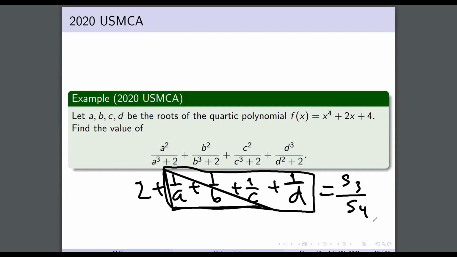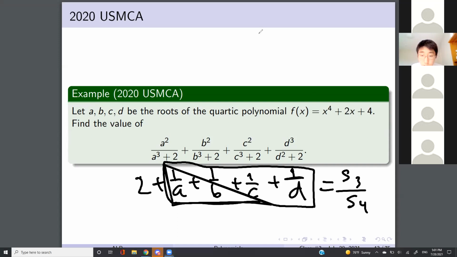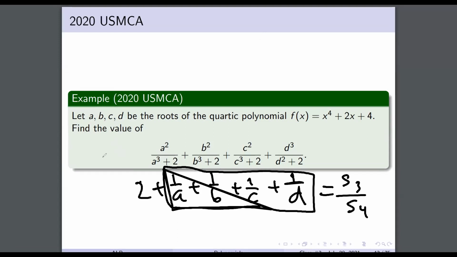Because the bottom will be ABCD, which is the symmetric sum of 4. And the top will just be various lists that consist of 3 of these. So it would be s of 3 over s of 4. And basically, if we plug in Vieta's formulas, s of 3 equals negative 1 cubed times A1 over A4, so this would equal -2.